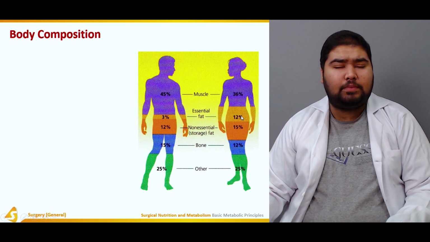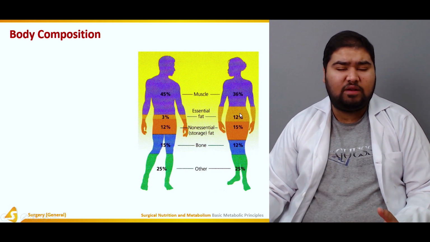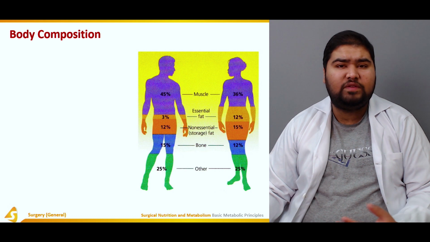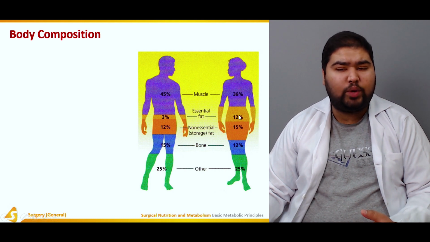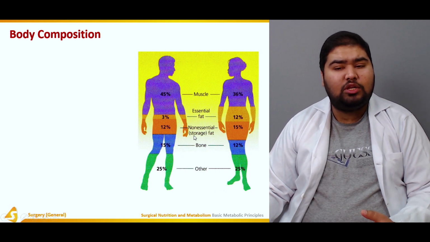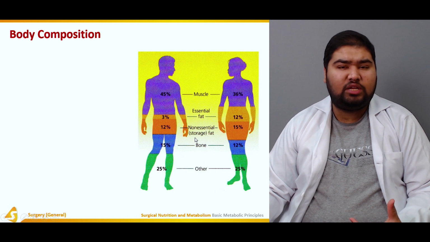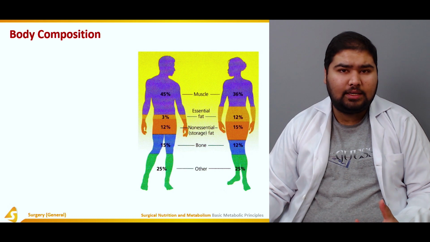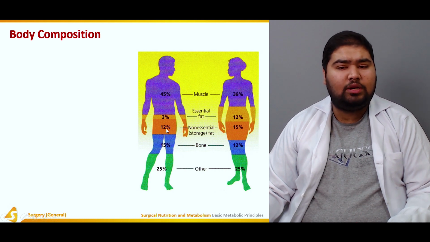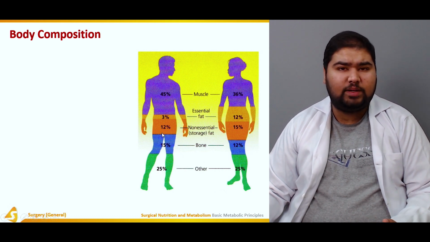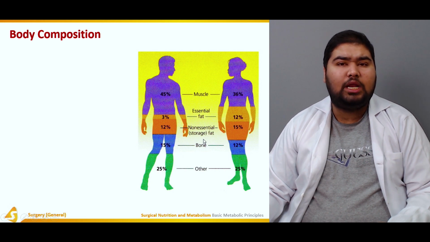However, the percentage of essential fat in a normal physiological female is 12%. Now, the non-essential or the storage fat is the fat that is accumulated on the body through diet. And this non-essential fat is usually 12% in a normal physiological male and 15% in a normal physiological female.